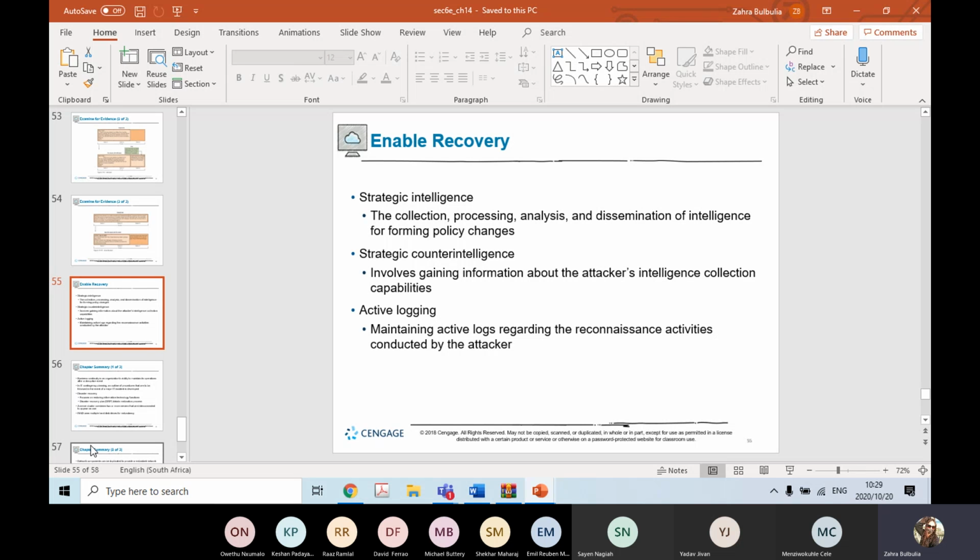What malware did they use? How did they infiltrate your system, etc.? And of course, activity logging, which is maintaining active logs regarding all the activities conducted by the attacker, including, if you can manage to get them on camera, dumpster diving, which would be very useful. So as I said, that's basically chapter 14, guys.